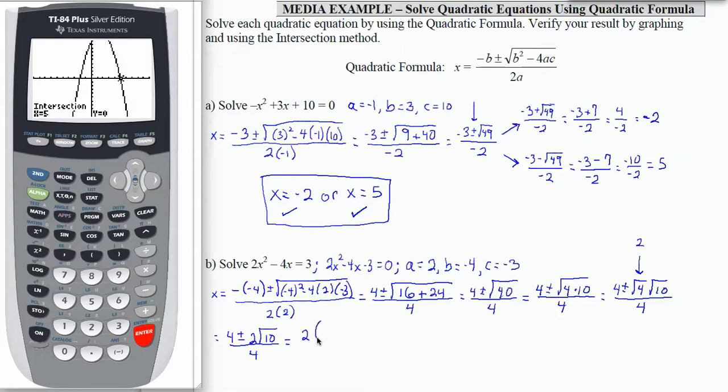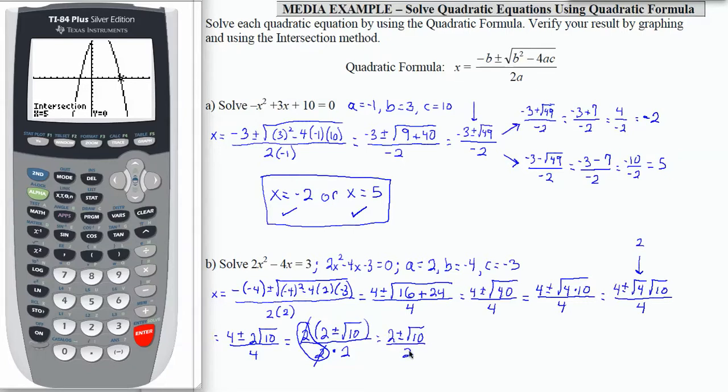If I remove a 2 from every term in the numerator, I get 2 times (2 plus or minus the square root of 10), divided by, and I'm going to write the denominator as 2 times 2. Now I have this common factor of 2 in the numerator and denominator that can be removed, leaving me with (2 plus or minus the square root of 10) over 2.